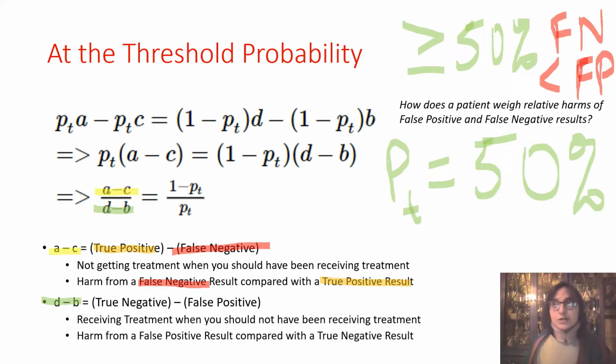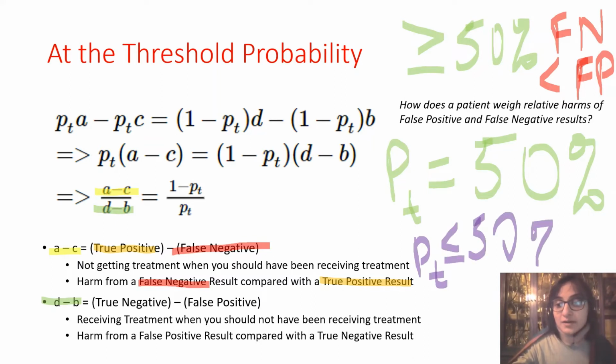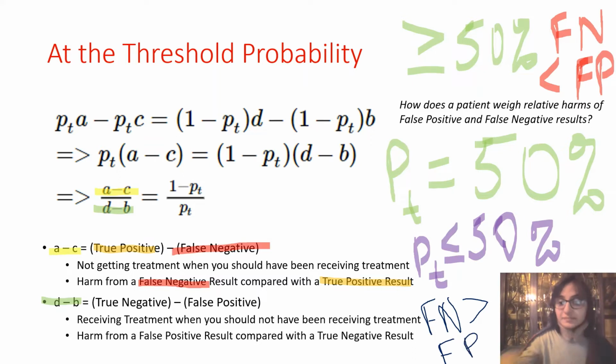If they have a 40% chance of cancer and a 60% chance of not having cancer, people will focus on the 40% and go for treatment. So they usually value avoiding a false negative more than a false positive. If this threshold PT is less than 50%, what we can learn is that the false negative is more important than the false positive. That's what we can observe based on these thresholds.